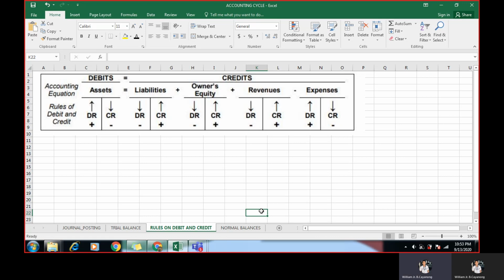Double entry bookkeeping is a method of recording business transactions which recognizes the dual effect of a transaction, which means that for every value received, there is a corresponding value parted with or given out. So that's debit and credit.